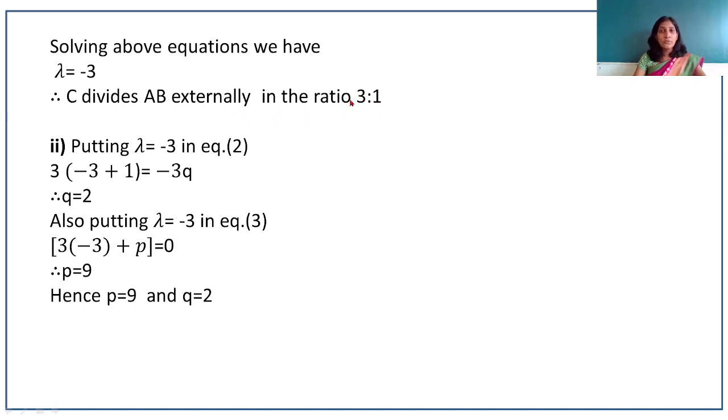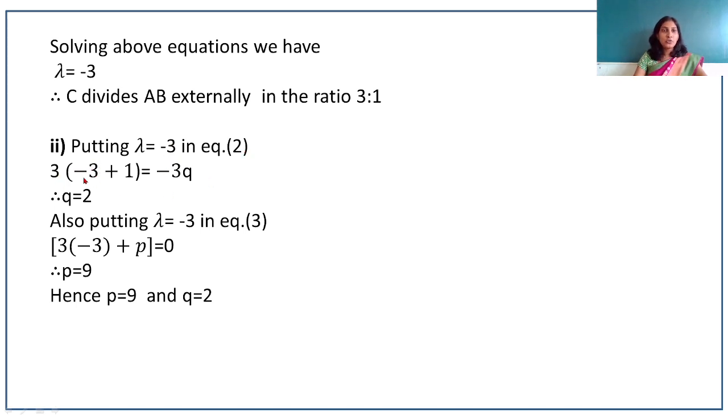This is not a proper way to write the ratio. So here C divides AB externally in the ratio 3:1.